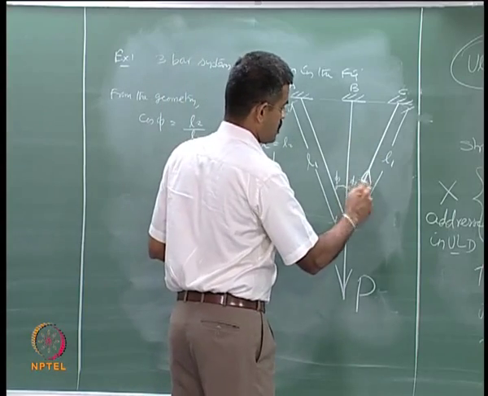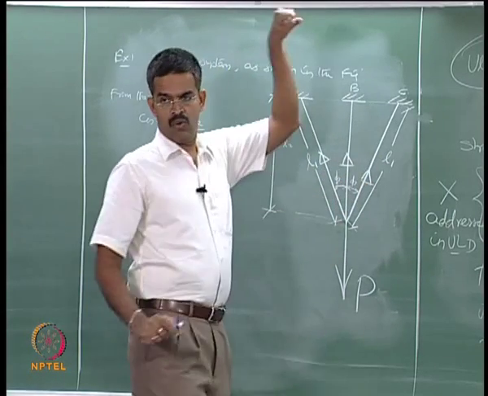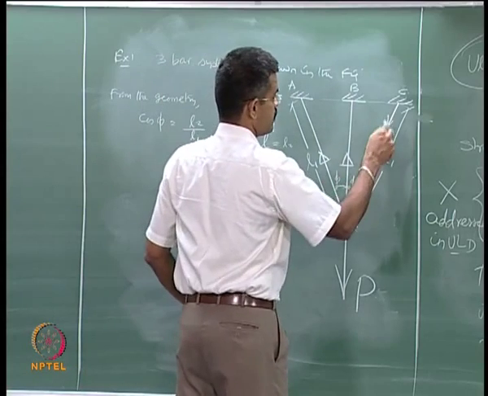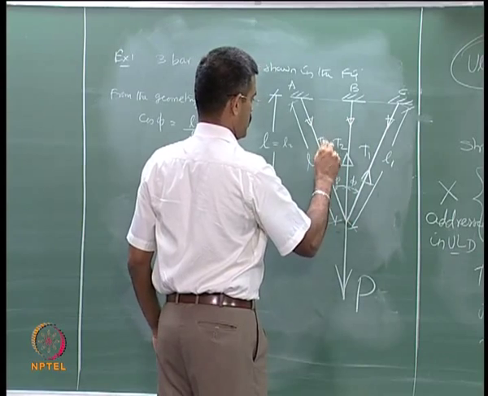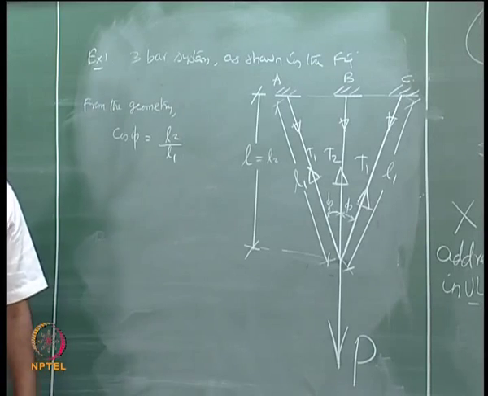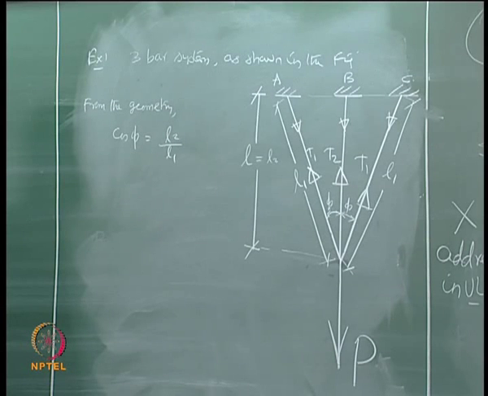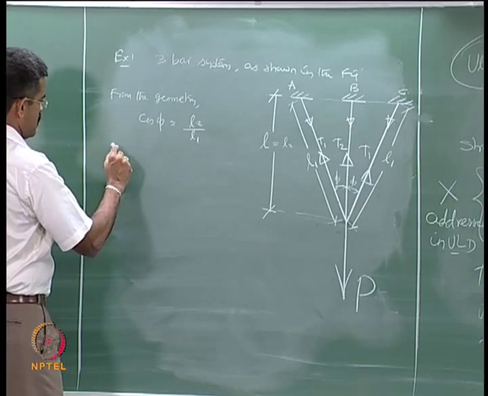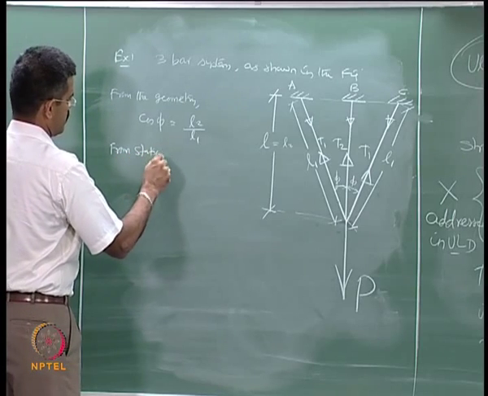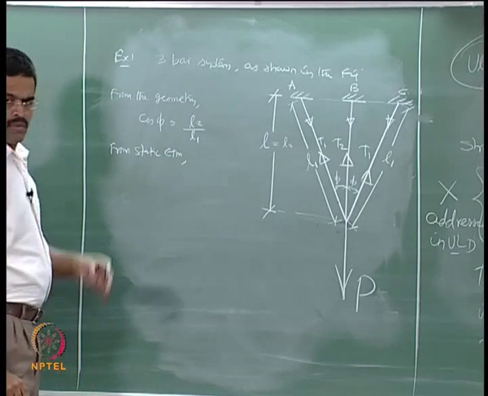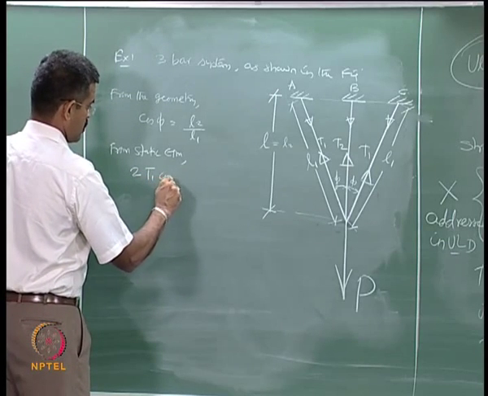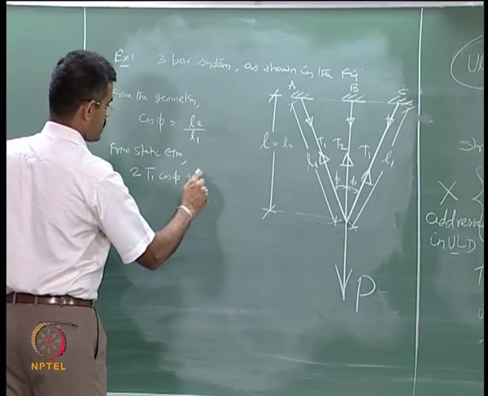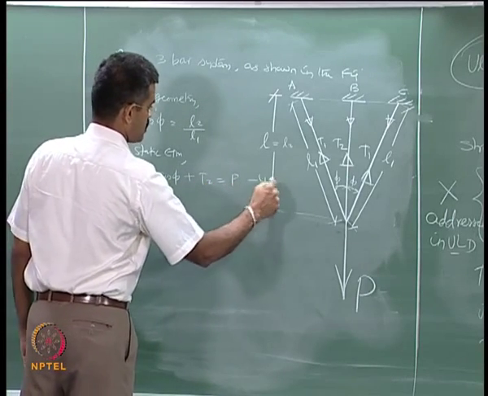I call that load distribution, which will be a tensile load, as T1, T2 and T1. From static equilibrium we can say 2 T1 cos phi plus T2 will be equal to P. I call this equation number 1.